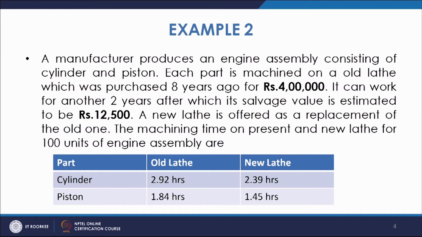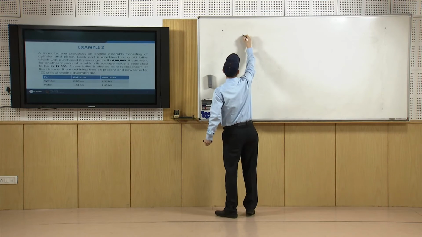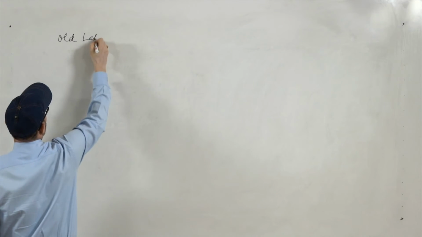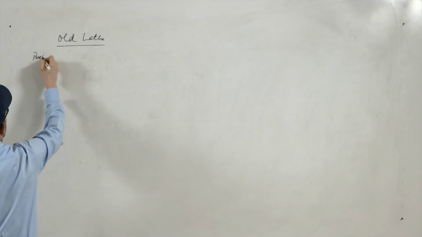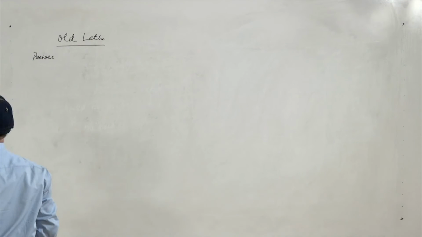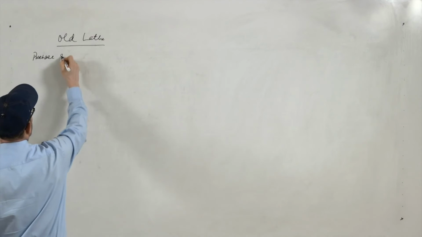Each part is to be machined on an old lathe which was purchased 8 years ago for rupees 4 lakh. So, again we can see we had an old lathe when it was purchased 8 years ago for rupees 4 lakh.